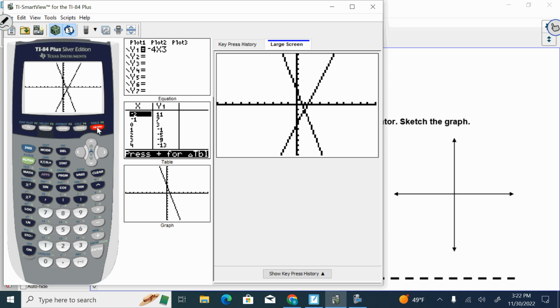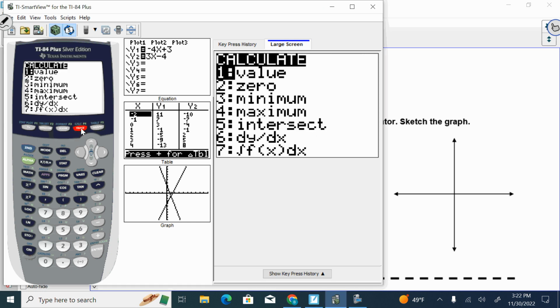So we can see where they're at, right? We can tell that it's at a positive x value but a negative y value, so we know what to expect for our answer. Okay, to get the calculator to find that point for you, you press second, this button right here, trace, the 4th button on that top row. And then choose number 5, the one where it says intersect.